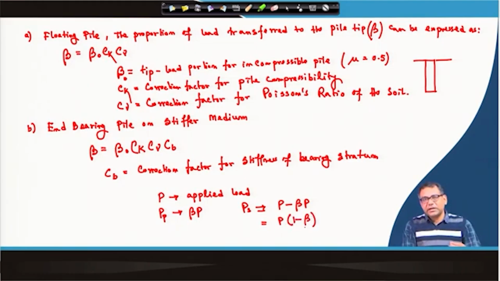That means, if beta is equal to 0, all the stresses are taken by the friction. If beta is equal to 1, all the stresses are taken by the pile tip. So, this way we can determine how much load is transferred to the tip and how much load is taken by the friction of the pile.